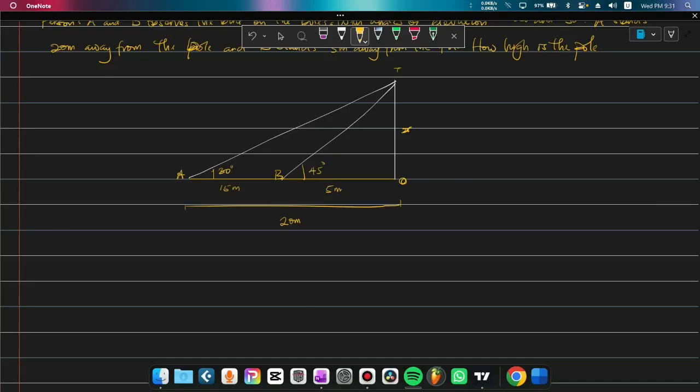From triangle BTO, 5 is the adjacent to 45 degrees and x is the opposite. So I have to use tangent, because tangent equals opposite over adjacent, which is x over 5.